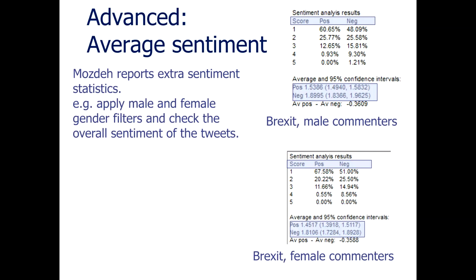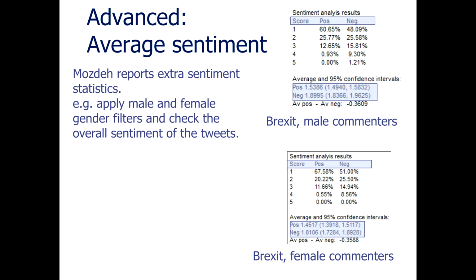An advanced option with the sentiment and the retweets is that Mozdeh will give you an estimate of the average sentiment or average retweet count for all the tweets matching your search. For sentiment, it gives you separate positive and negative average sentiment scores between 1 and 5. 1 is no positive or negative sentiment, and 5 is very strong.